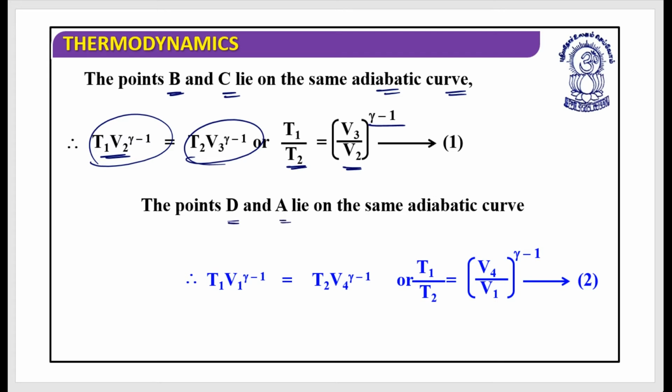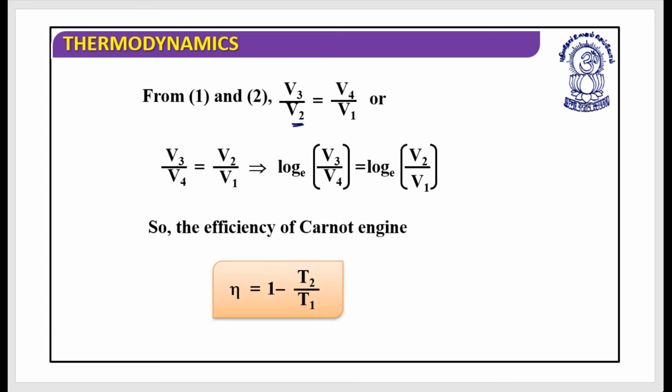Point D and point A are also lying on the same adiabatic curve, so T1 V1 to the power gamma minus 1 would be equal to T2 V4 to the power gamma minus 1. Or T1 by T2 is equal to V4 by V1 to the power gamma minus 1. So from this, V3 by V2 is equal to V4 by V1, and V3 by V4 is equal to V2 by V1.